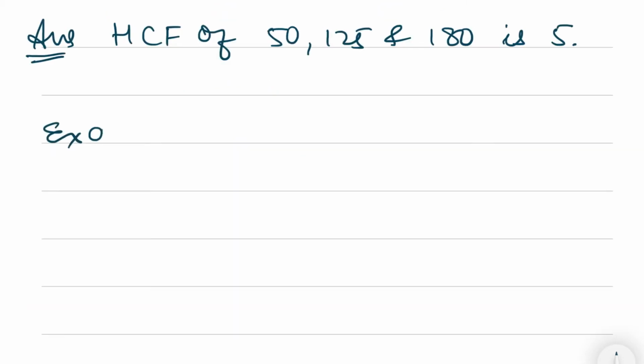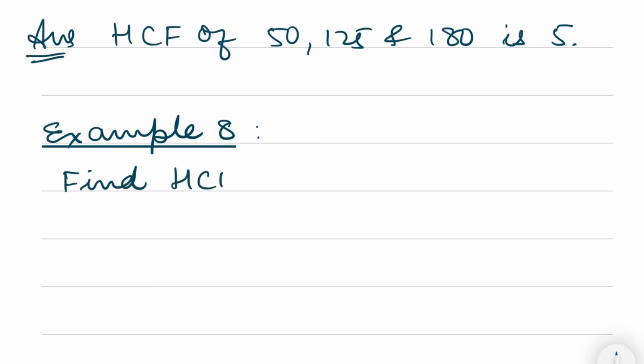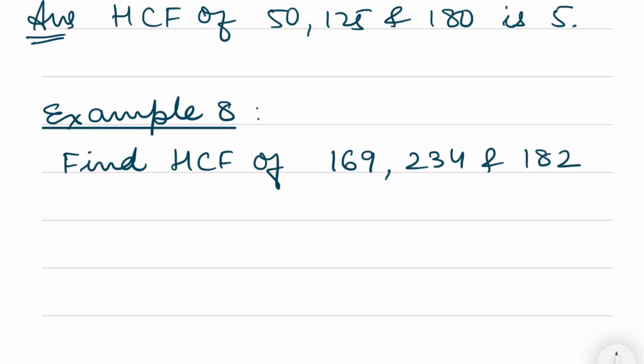Let's take another example. Example 8. Find the HCF of 169, 234 and 182. So I'll take the first 2 numbers. The smaller one is the divisor and the larger one is the dividend.